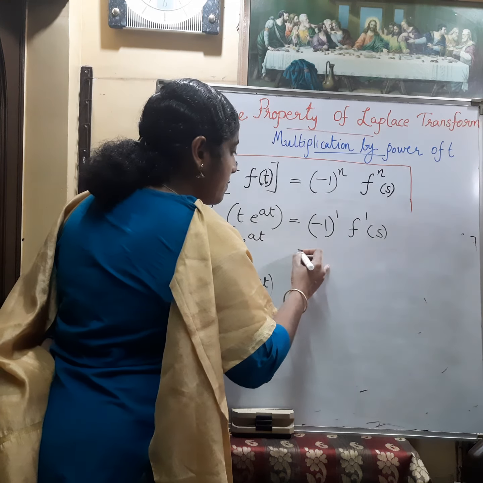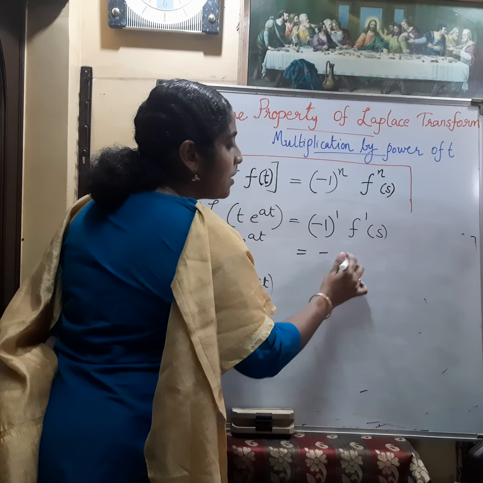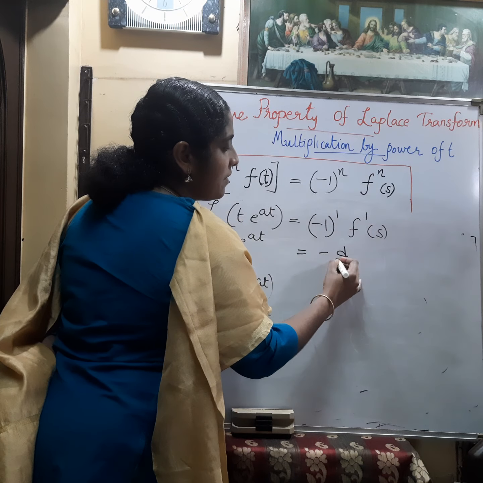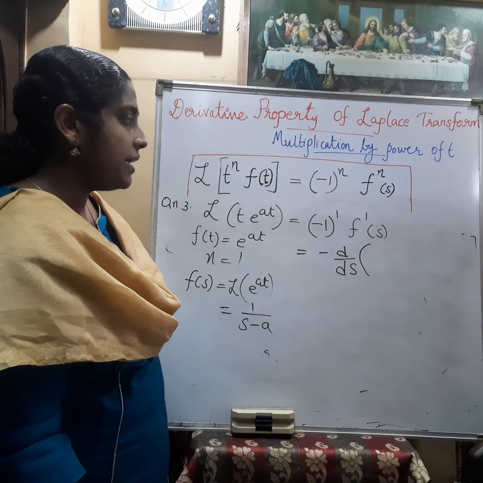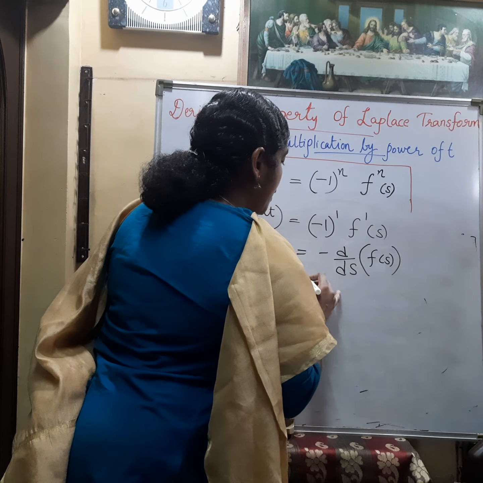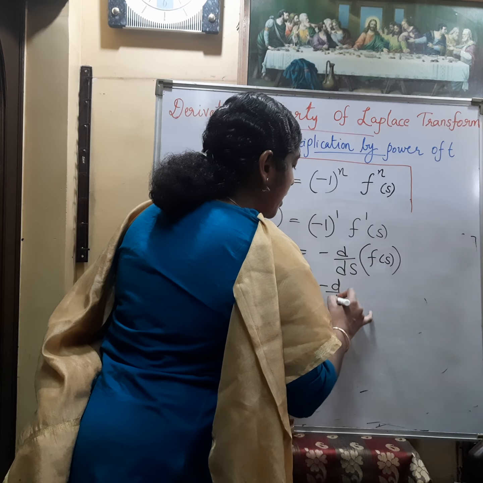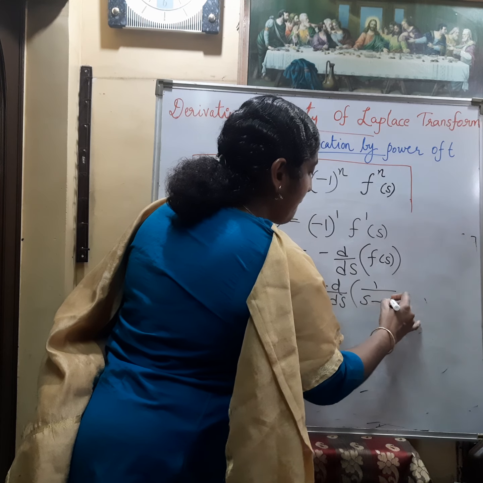So this becomes minus F1(s), the first derivative, that is minus d by ds of F of s, which is 1 by s minus a.